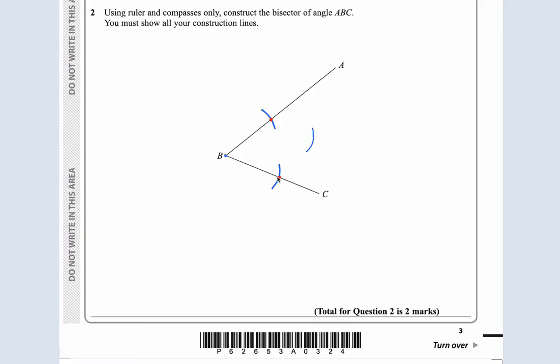And then this guy will have the same thing, put the pointy bit here, and now you'll have another arc. And where they meet here, this is the point that you join to this point. So this is my angle bisector, and what bisector means is it's cut in half. So that's exactly half. It's poorly drawn, but it is half.